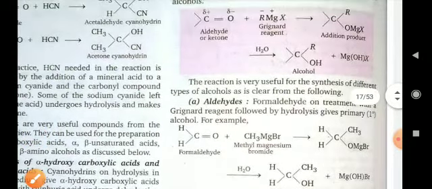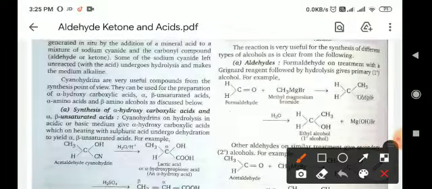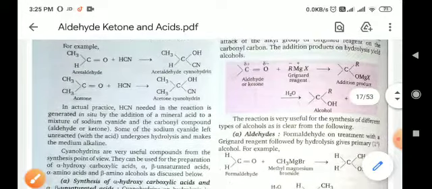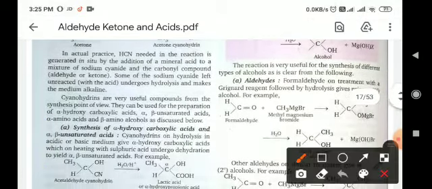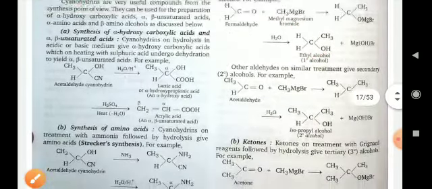If you take hydrogen on this side, it is known as formaldehyde, and you take a methyl group at the place of R, and at the place of X you take bromine. The same product will form, and after hydrolysis it gives ethyl alcohol and magnesium hydroxide bromide. Other examples are also given.